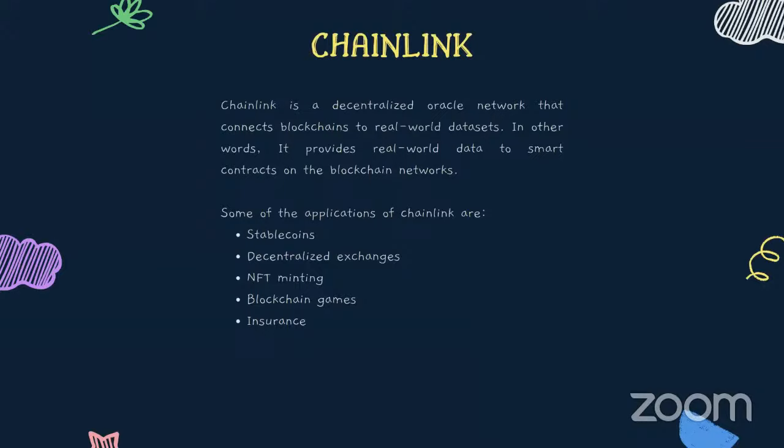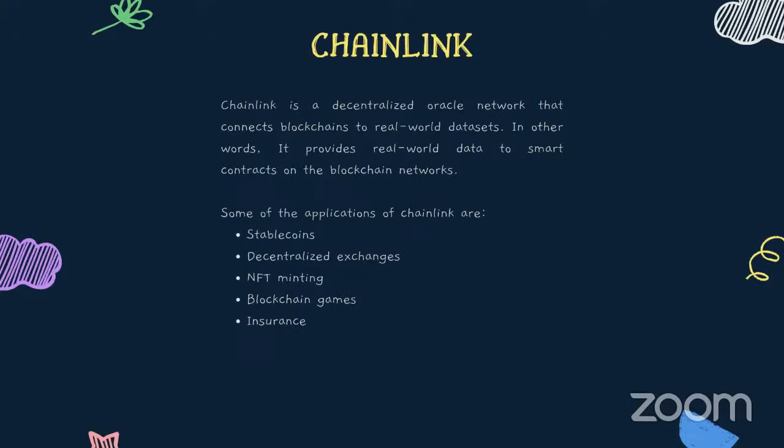They adjust based on the market price and a couple of other factors, so they are called algorithmic stable coins. Using the Chainlink price data feed, you can create algorithmic stable coins. Then we have decentralized exchanges.